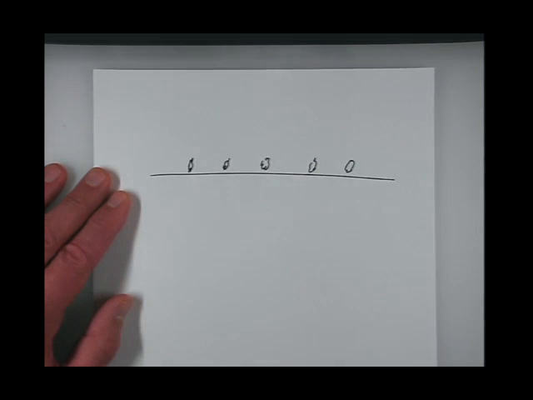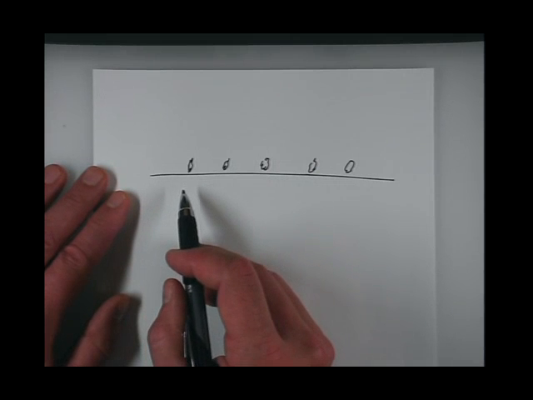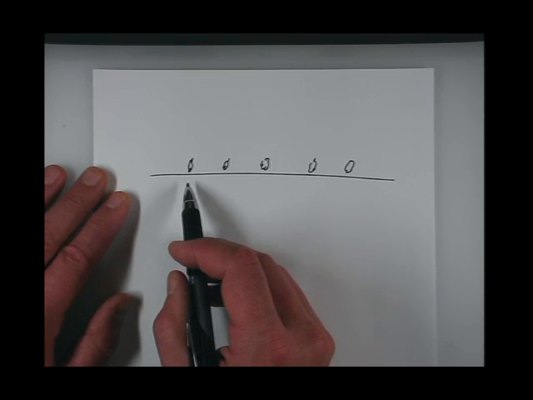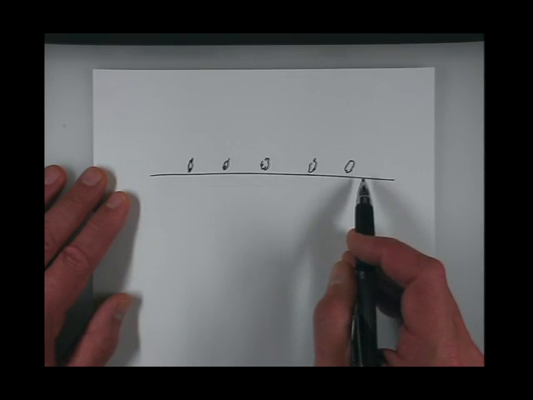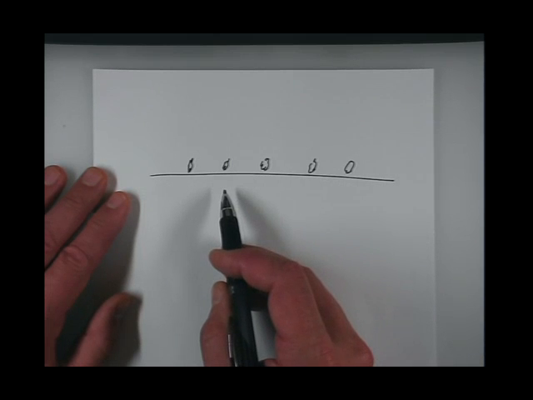For each plant, with some probability, let's say probability 1/2, you either fertilized it or you didn't. So you flipped a coin, and for each plant, you decided whether it's going to get fertilized or not.